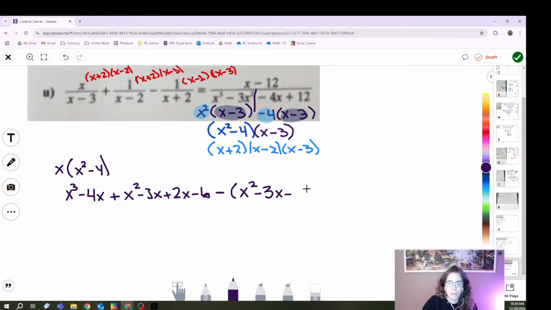Okay, I'm gonna fix that. That didn't come out very well. Cubed. Okay, the x squares cancel. Yeah, plus and minus.